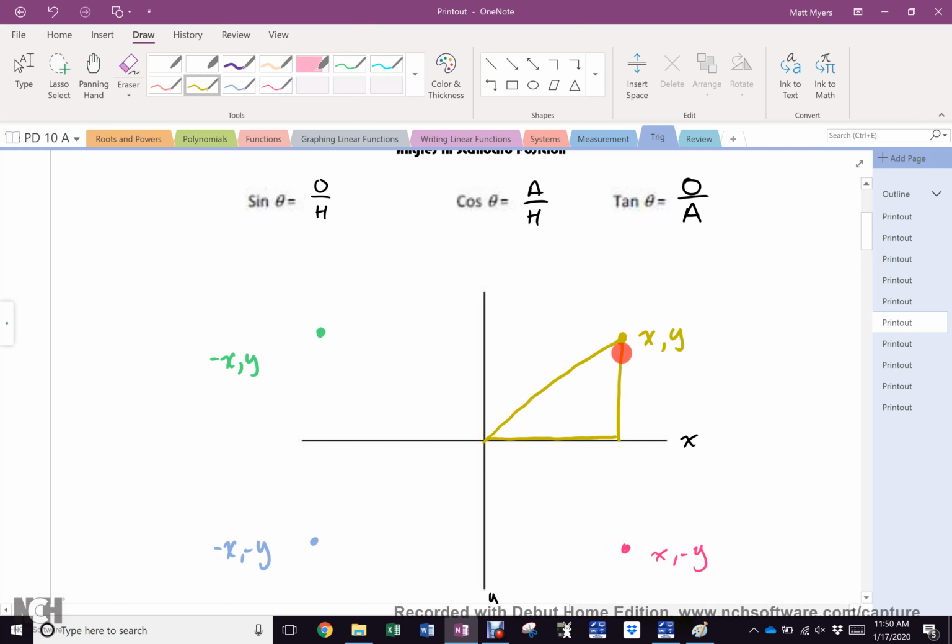Okay. What is this distance? You don't know, so what do we give it? What variable should we give it? We can give it any letter we want, but there's a letter that would make sense, wouldn't it?